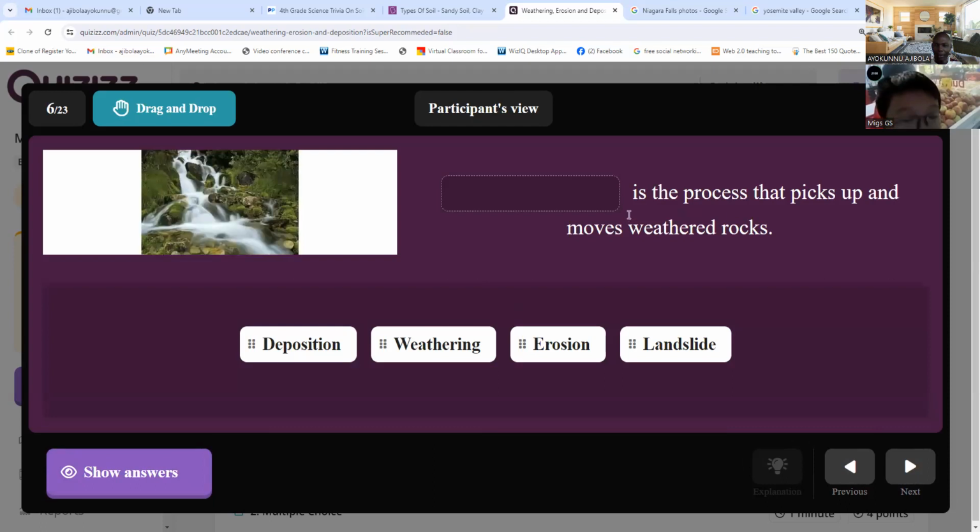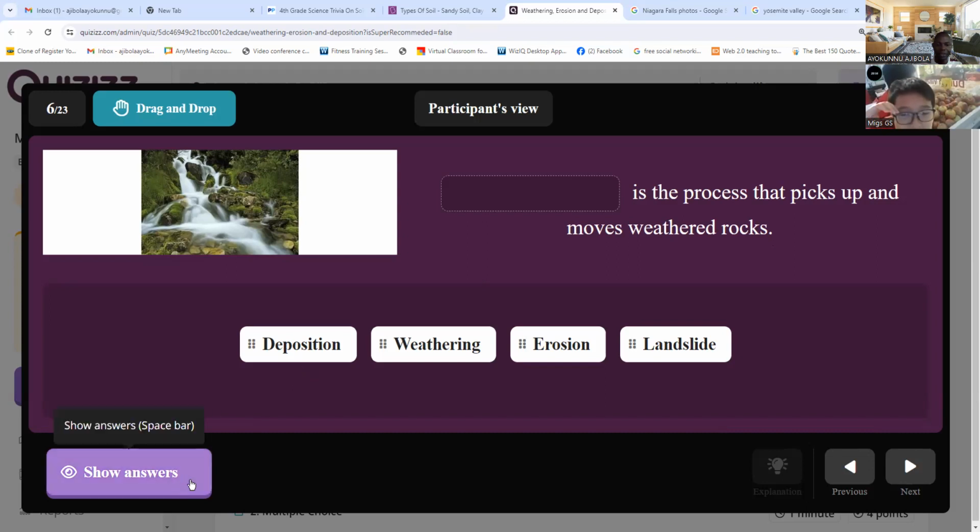Blank is a process that picks up and moves weathered rocks. Is it deposition?